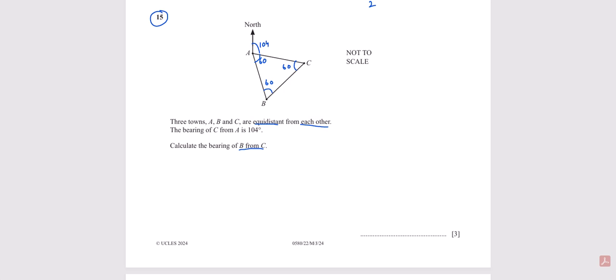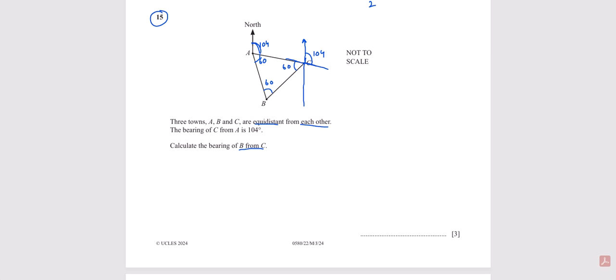We find the bearing of B from C. First of all, this is also a north line, and we draw this one and extend this line. So this angle and this angle are equal to each other, so this is equal to 104.